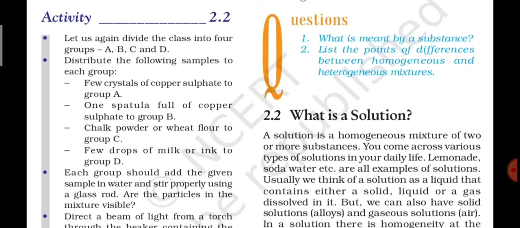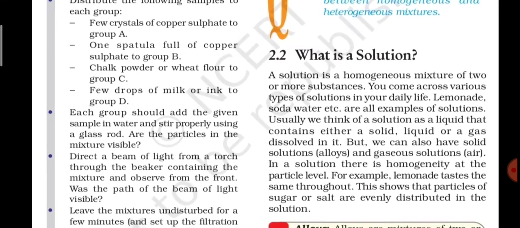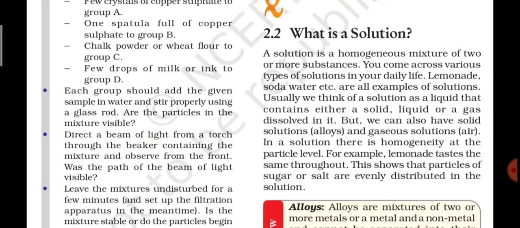Like the salt we use at home, which also seems to be powder but is actually small crystals, copper sulfate is in the form of small crystals and its color is bright blue. So group A has only a few crystals of copper sulfate, whereas group B has one spatula full of copper sulfate. Group C has chalk powder, and group D has milk or ink.